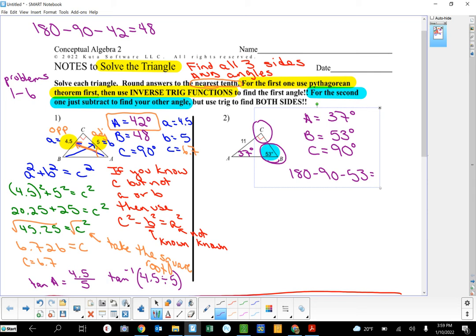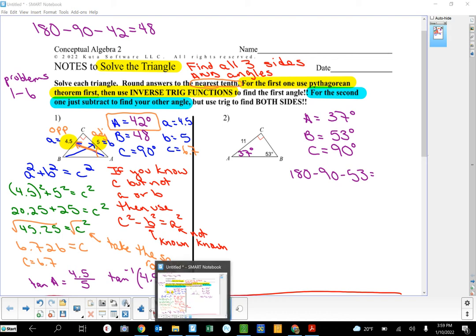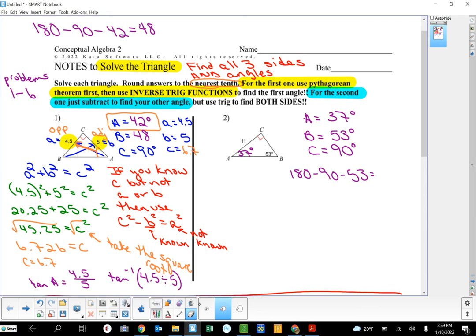And now we're going to use trig to find both sides. So here's how we're going to do that. Let me erase these little triangles here. Okay, so use the information that you're given. Let me change my pen color here.